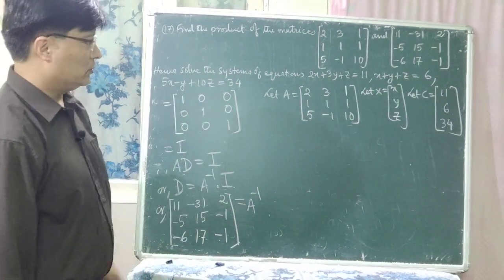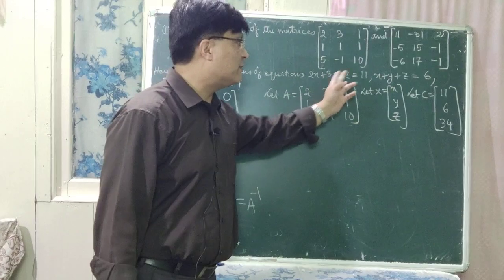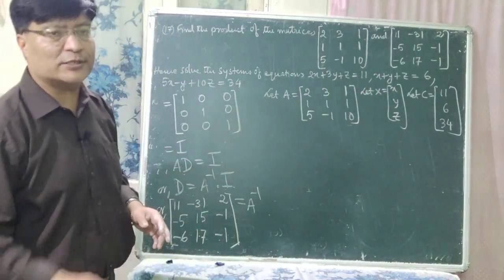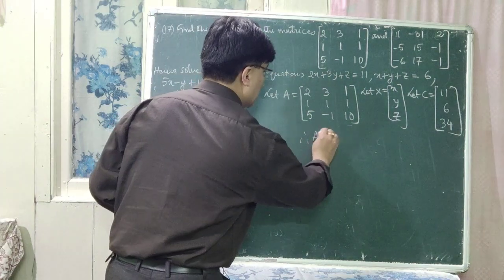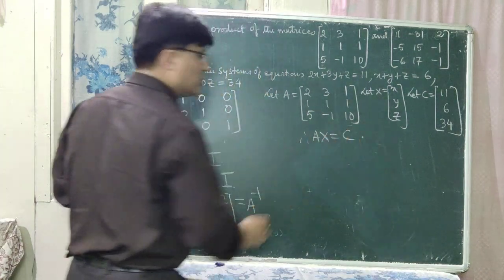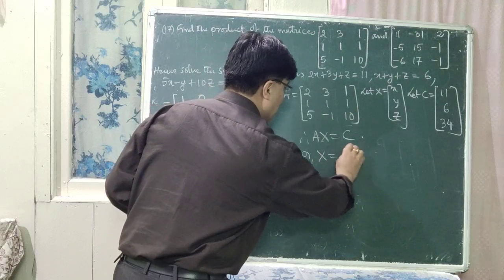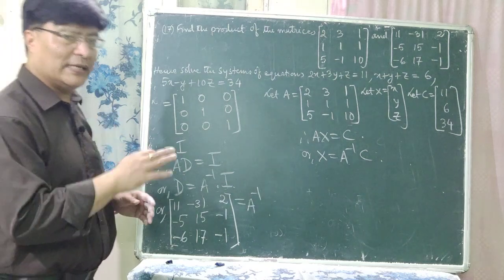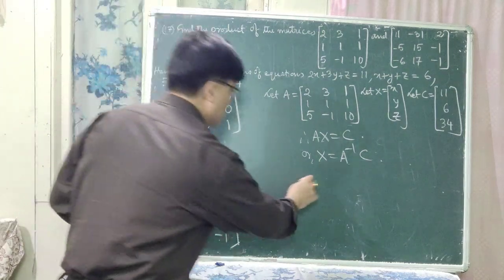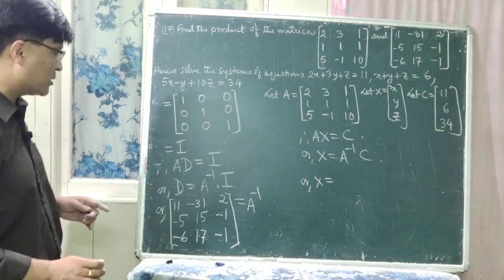Now you can convert this given system of linear equations into a matrix equation. AX is equal to C, or X is equal to A inverse C. When you take the matrix A to the right side, it becomes A inverse. What is A inverse actually?